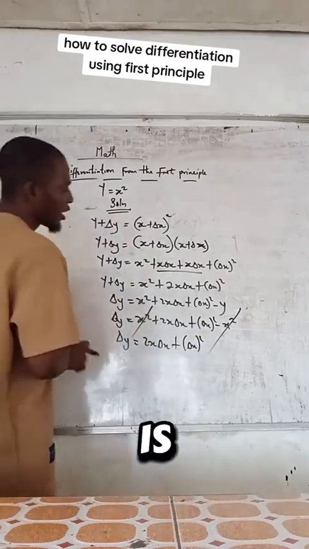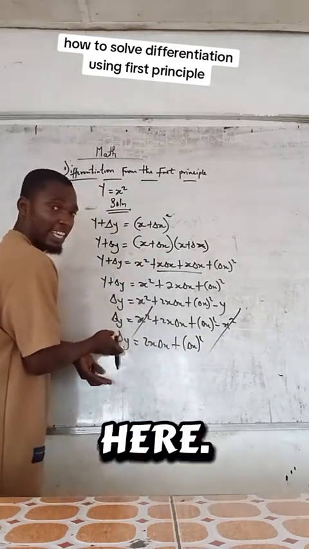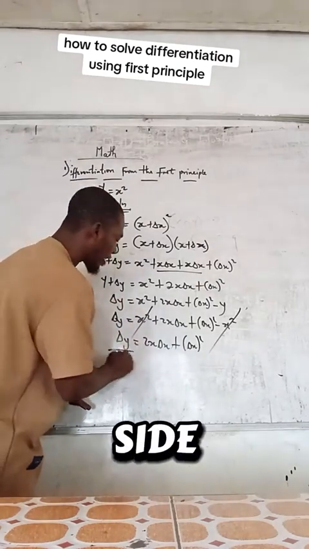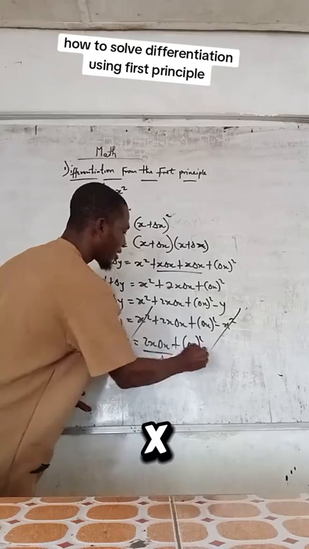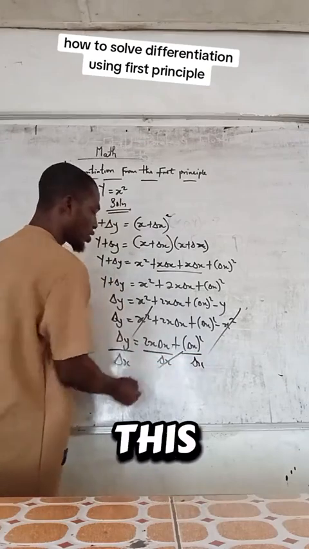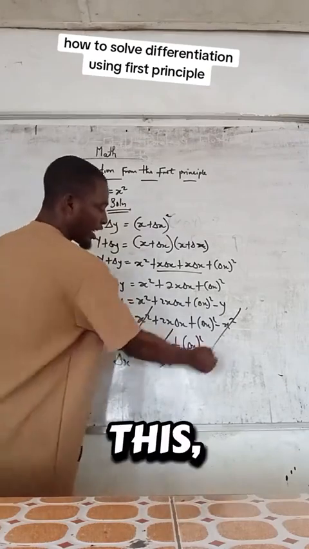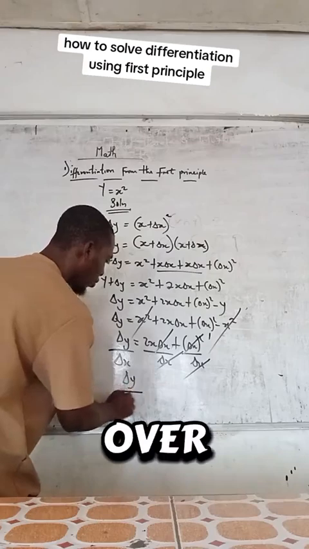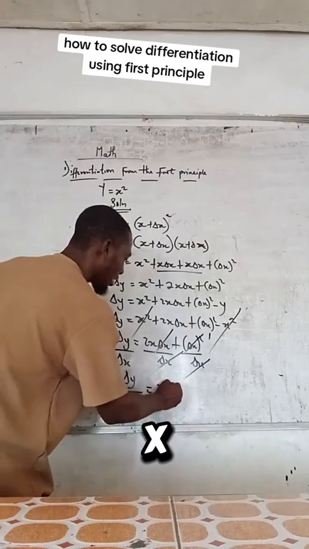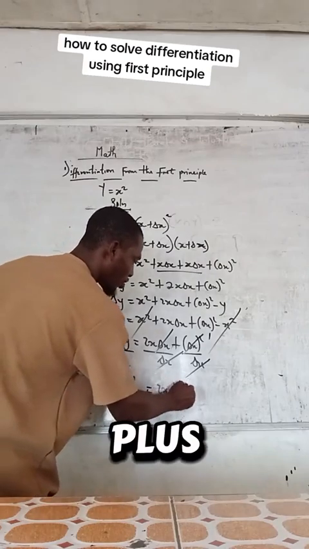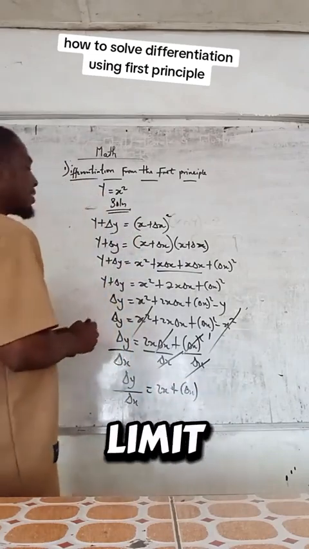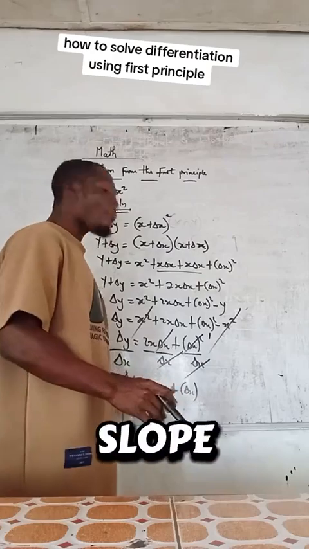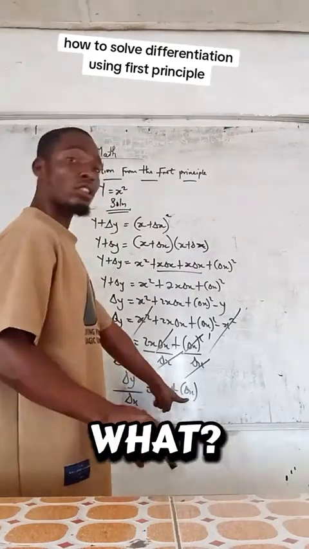The next thing is to find a way to bring the dx here. All I need to do is divide both sides by dx. So this cancels this, and this cancels one out of this, giving me 1. I'm left with dy over dx equals 2x plus dx. Now I have to take the limit as dx tends to 0, because for the slope I'm looking for, I must eliminate dx.